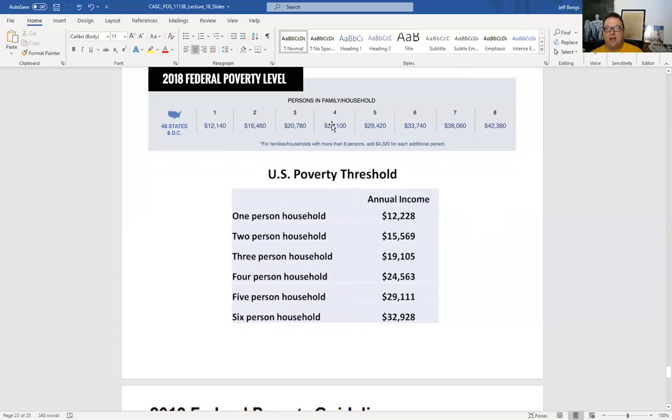A 4-person household was around $24,000, $25,000. So think of a mom, dad, 2 sons or 2 daughters, or a son and a daughter, a family of 4. If they make less than, let's just say 25,000, they are considered in the lower class, the poor. They're below the poverty line.